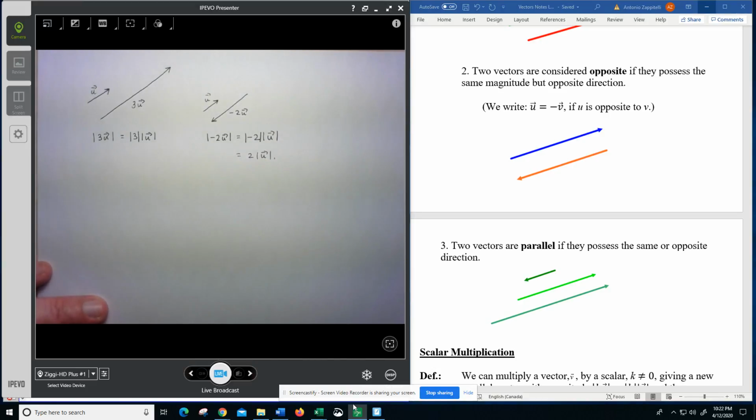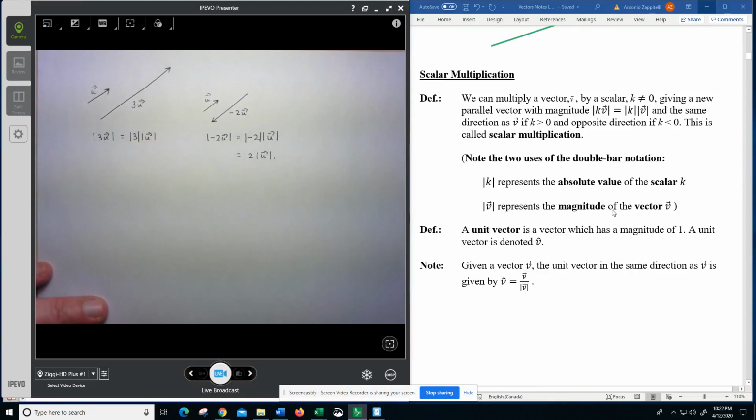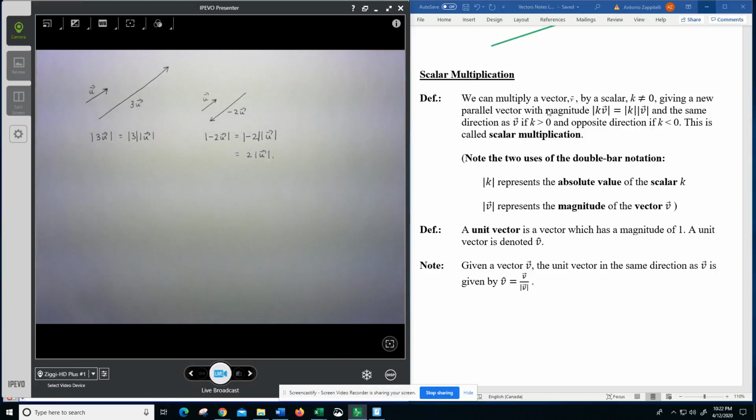So the way in which we define that is we define this idea of scalar multiplication. In other words, multiplying a vector by a scalar quantity. For now, we'll keep k not equal to 0. You can sort of see that k equals 0 is going to bring some challenges. We'll talk about that later on.